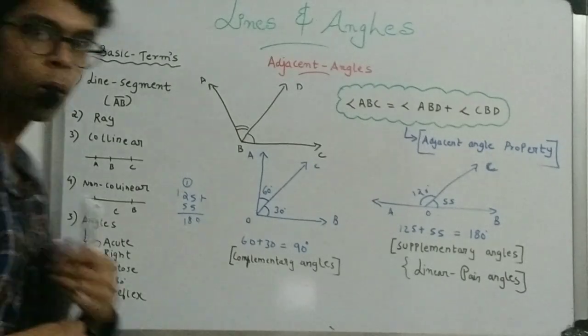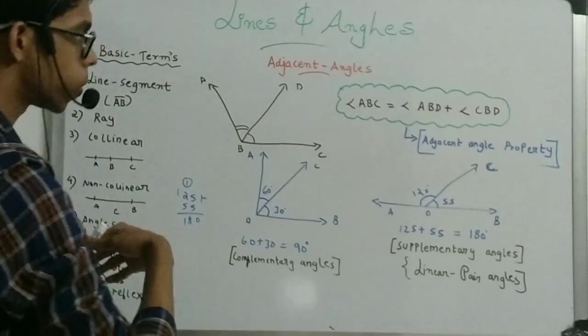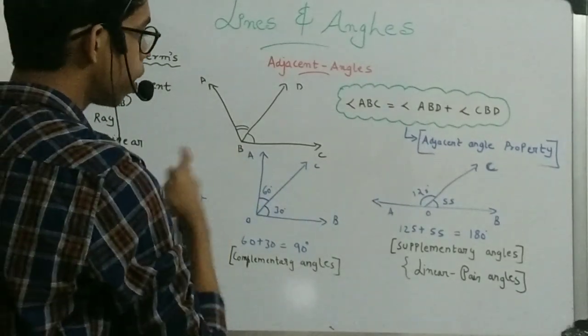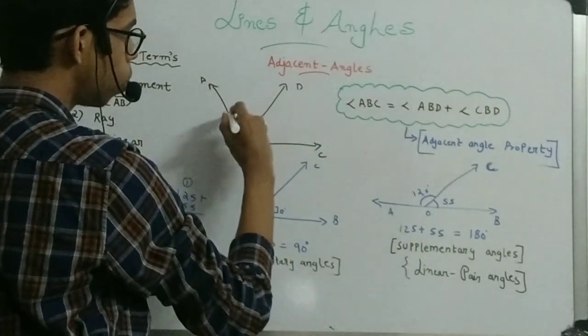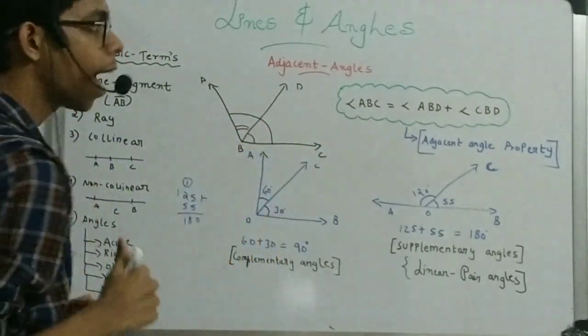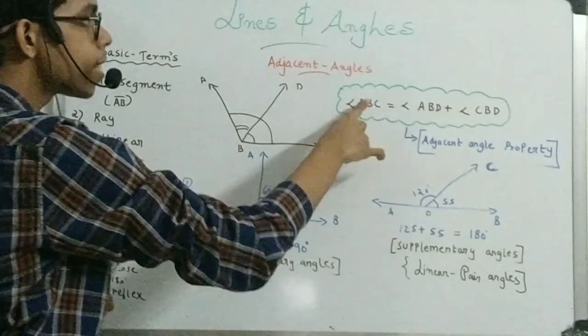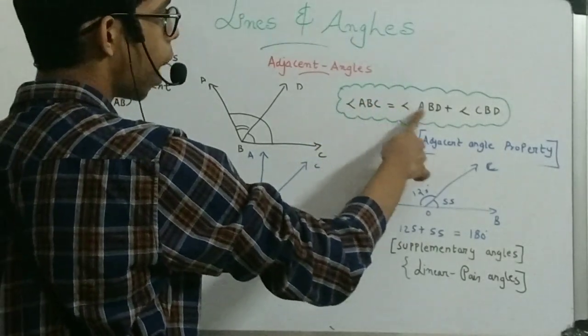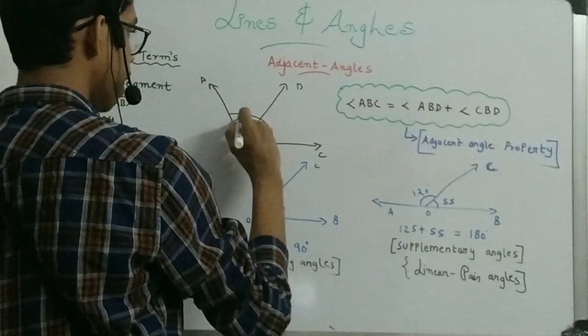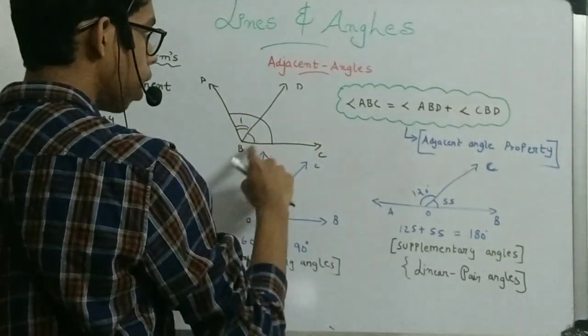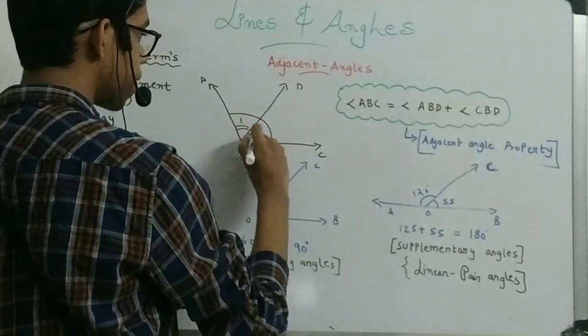There is a property of adjacent angles that you should know. If I take this full angle ABC, then this angle ABC will be equal to angle ABD plus angle CBD. I will name angle ABD as 1 and angle CBD as 2.